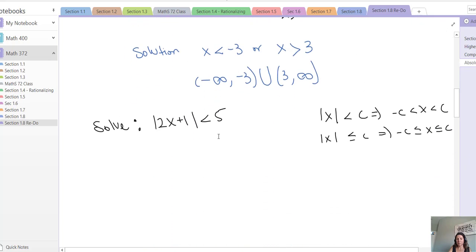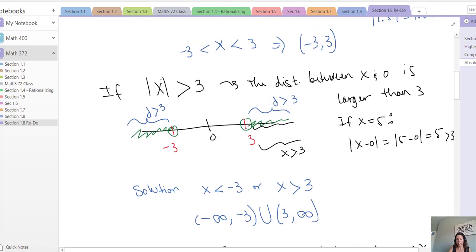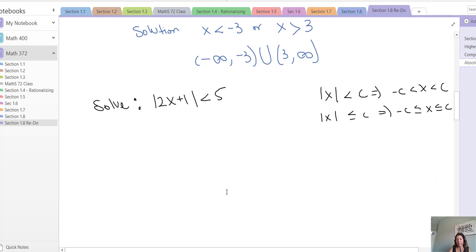Now, when you're doing the greater than, in this example, notice that we had our two cases was x is still greater than 3, or x is less than, so we flip the symbol for that second case. So if x is greater than c, what this means is that you can have either x is greater than c, so it's going to stay the same, or x is going to be less than -c.